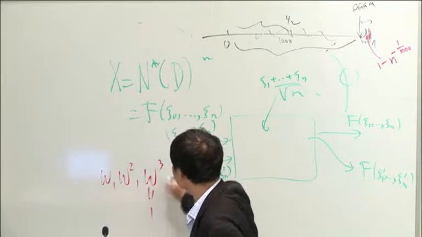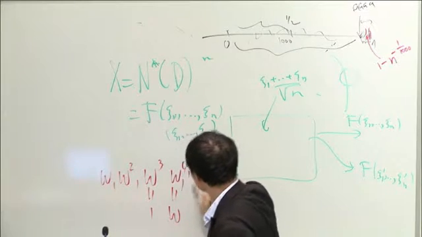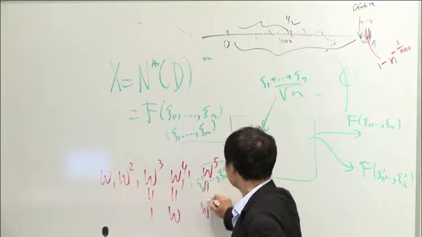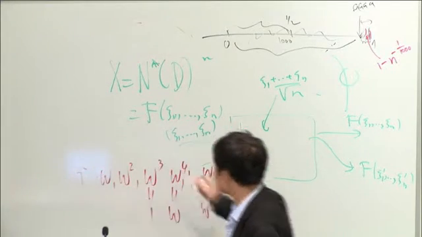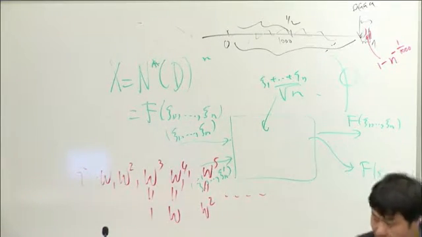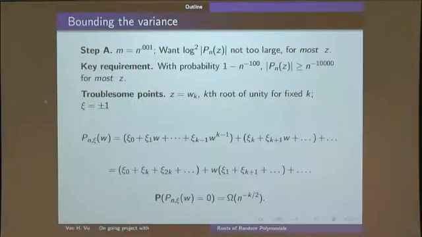So this guy will be 1, and now w to the fourth will be w and so on, right? So actually, if you sum this guy up, then they are periodic, so you can rewrite your polynomial like this, because they are periodic with period k. But now this guy can be 0 with some decent probability.